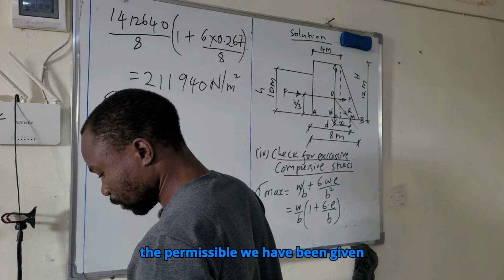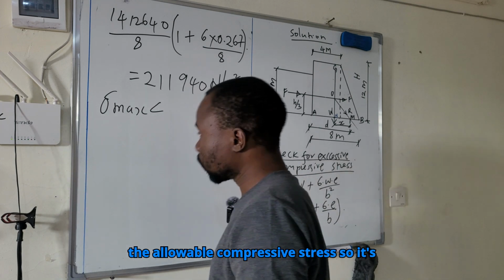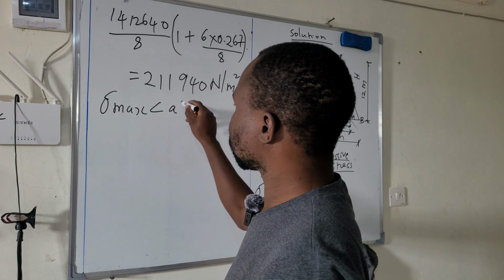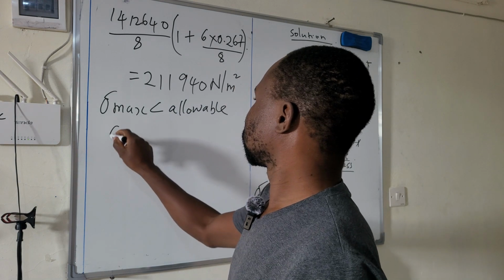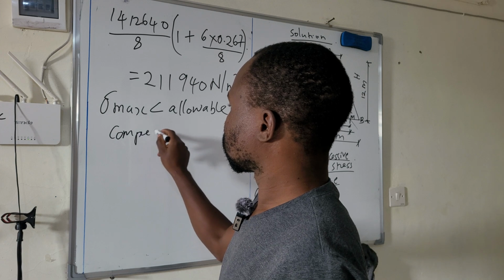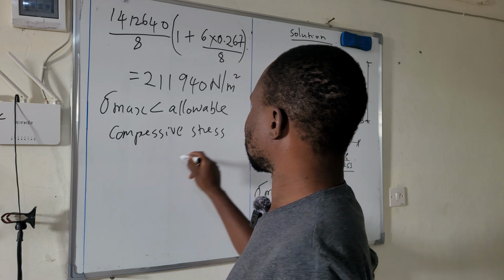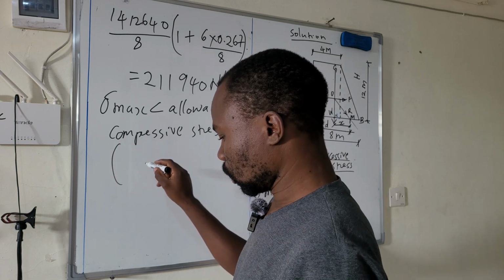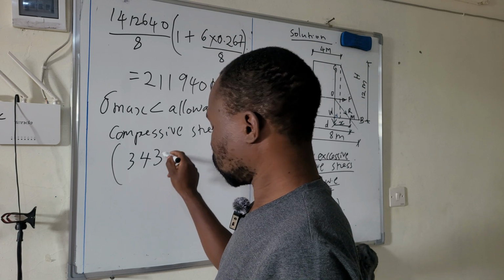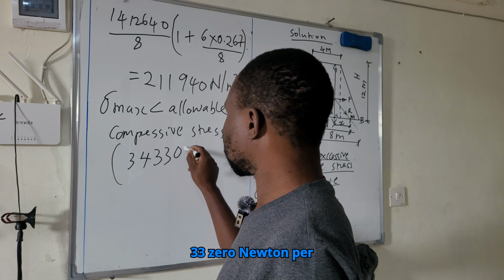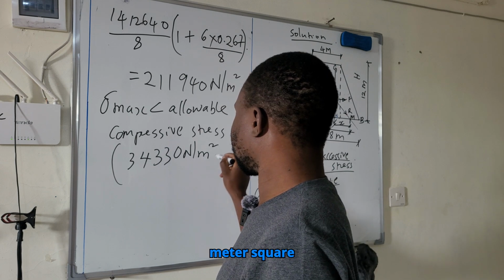We have been given the allowable compressive stress, so it's less than the allowable compressive stress, which is 34,330 Newton per meter square.